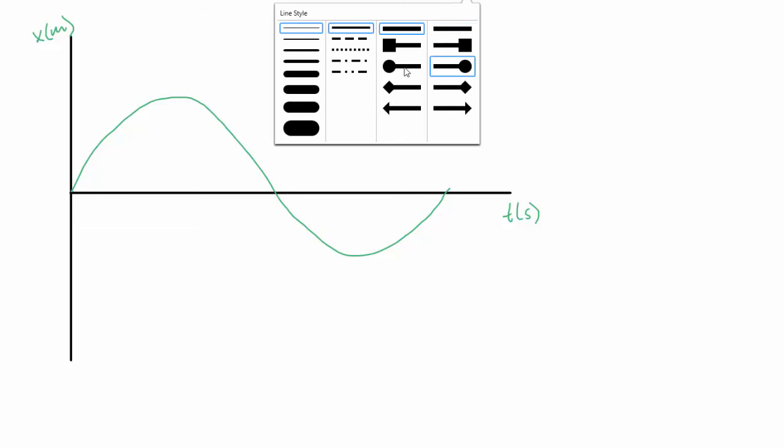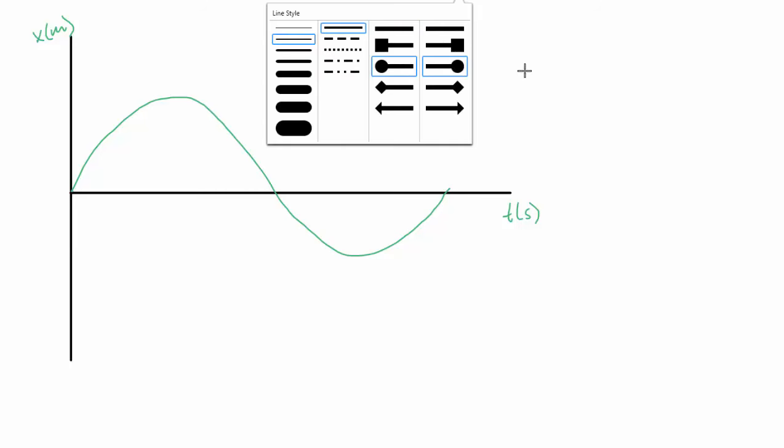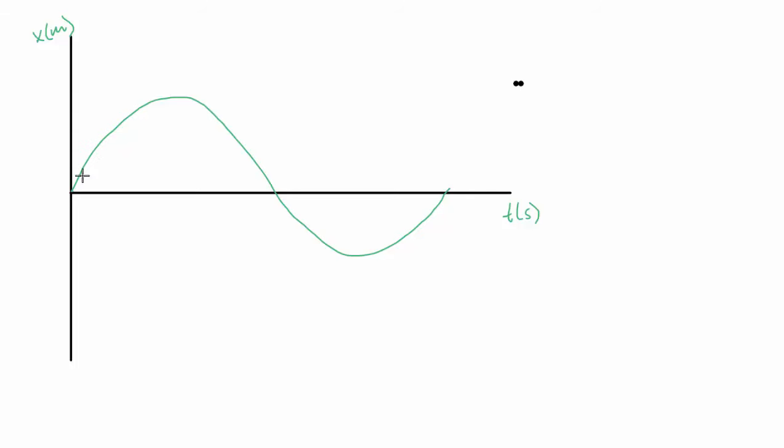If I calculated the velocity from, say, here to here, so say the first 10 seconds, and say at this position it reached, I don't know, 20 meters, then the average velocity would be the change in position over the change in time, the displacement over time.